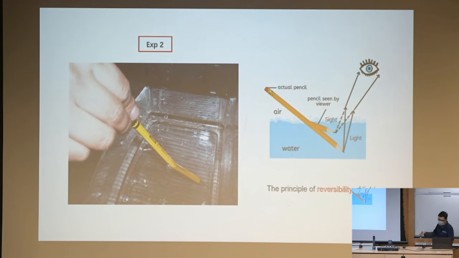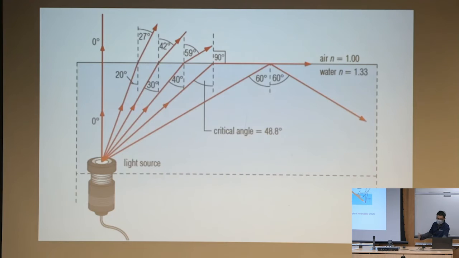So this is another important phenomenon, which is called the principle of reversibility of light. In the previous slide, I showed light going from the sparse material to the dense material. But how about vice versa? If the light is under the water and the incident angle is 0 degrees, it still goes through the air.